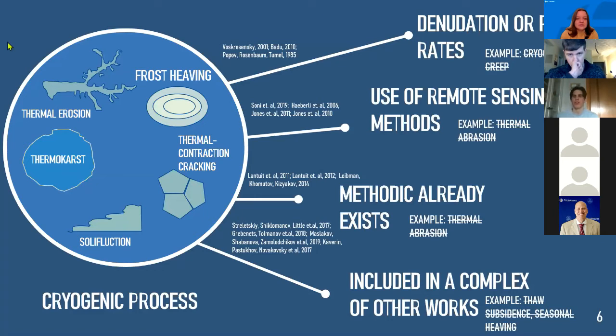We chose processes based on denudation or process rates. For example, we ruled out cryogenic creep because it's a super slow process and we cannot effectively monitor it in the field. We also excluded processes monitored with remote sensing methods, for example thermal abrasion, which people monitor using remote sensing materials and do successfully, or processes that already have effective methods, or that are included in a complex of other works like CALM, where people measure subsidence and seasonal heaving.